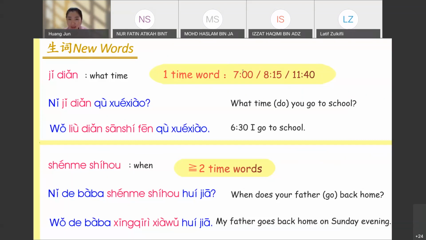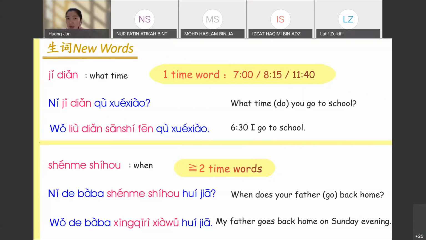So after you translate, you have to write 6:30 p.m., right? So you got 6:30, one time word, p.m., another time word. So this is two time words already. So two time words, we must use 什么时候.